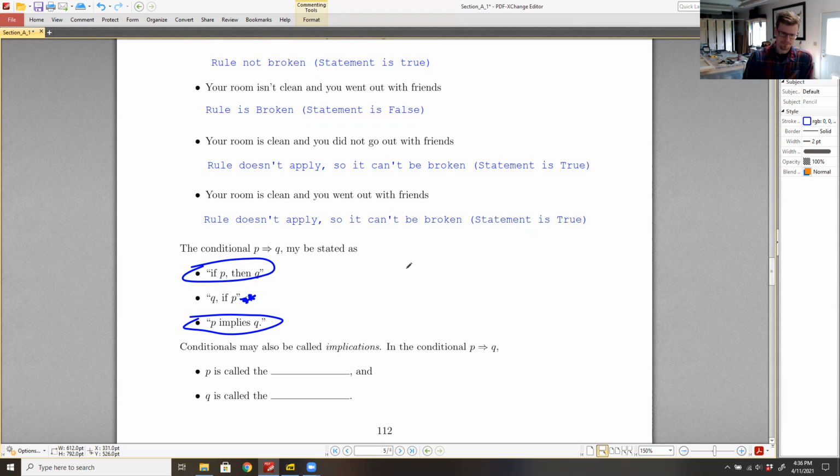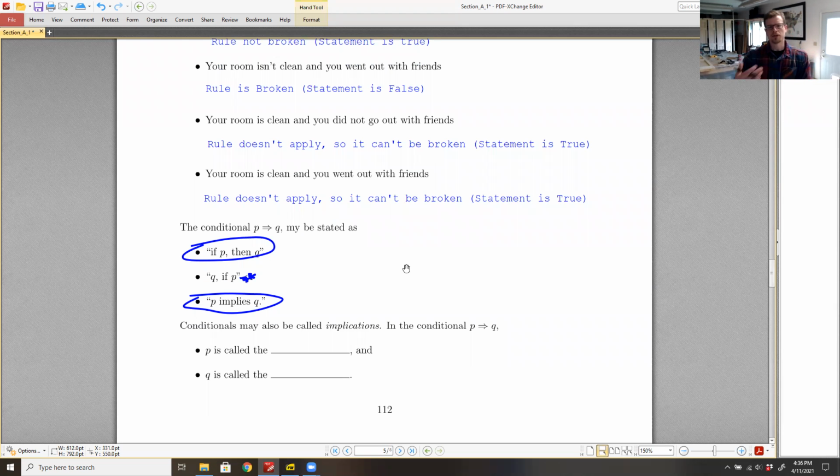With the idea that we can say P implies Q, conditionals are also called implications. For the conditional P implies Q, P is called the premise, while Q is called the conclusion.